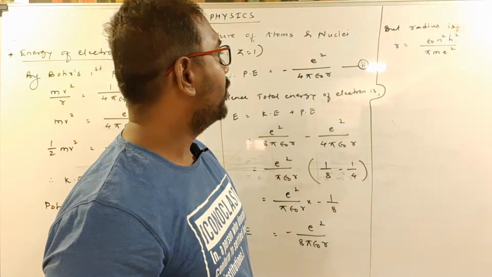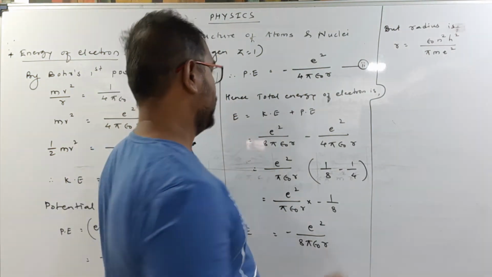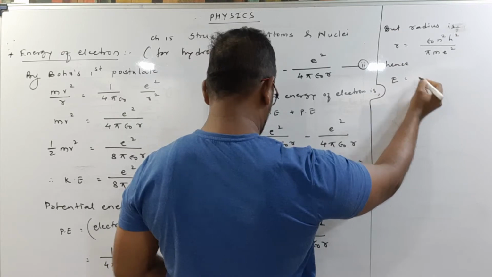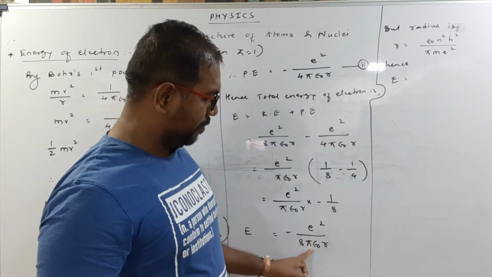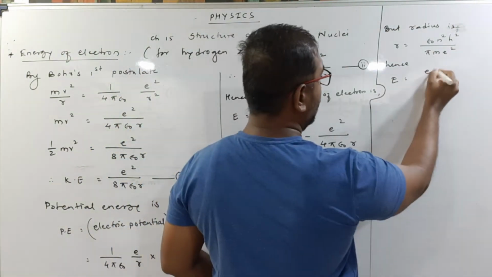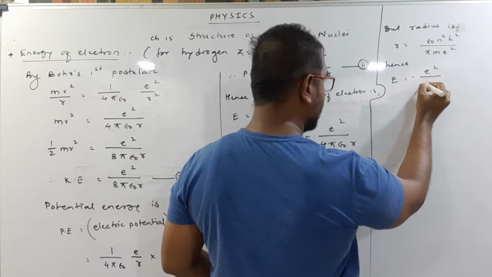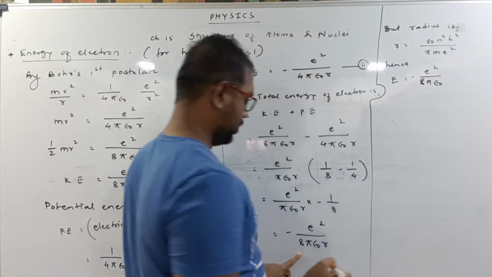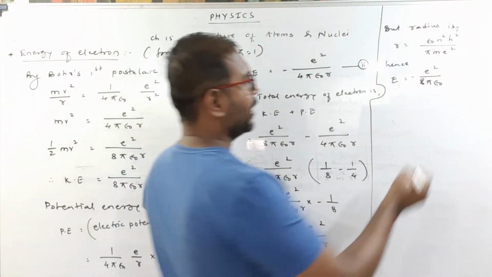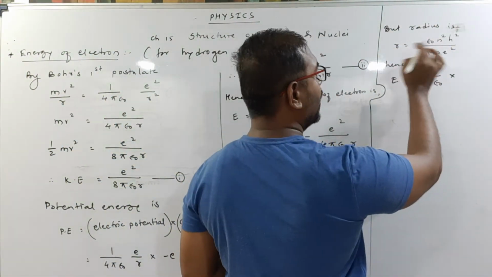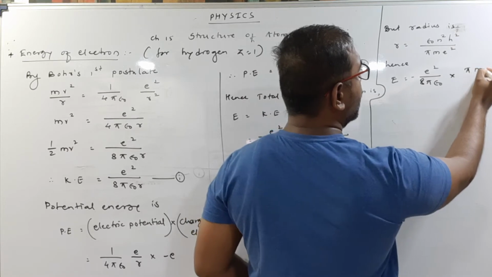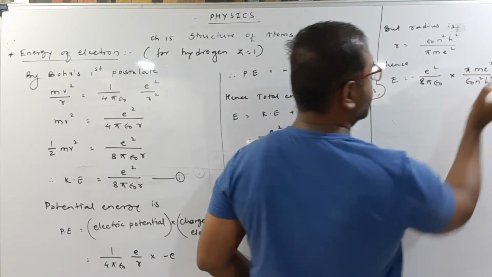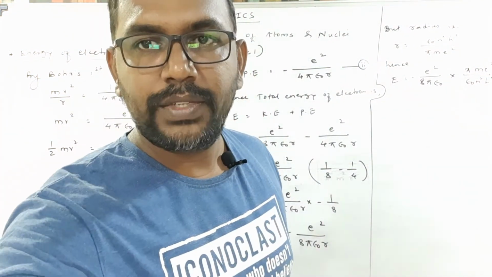So this is the formula of radius that we have to write here. Hence, E is equal to minus e square divided by 8 pi epsilon 0, and 1 by r we write as pi m e square divided by epsilon 0 n square h square.